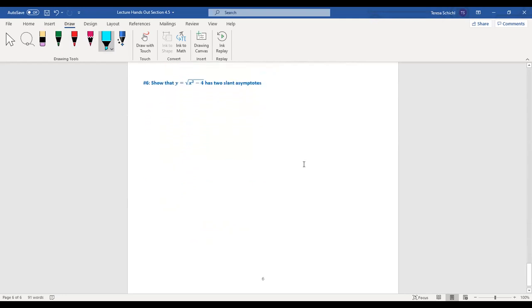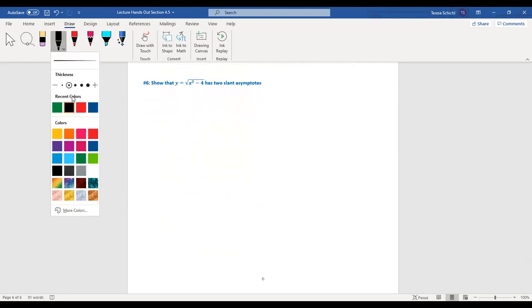Now let's take a look at number 6. It says to show that this function has two slant asymptotes, and it is not a rational function. So what could this be? How do we do that?